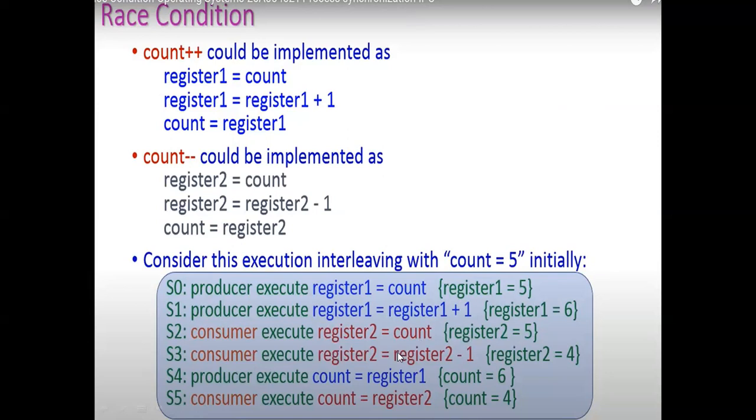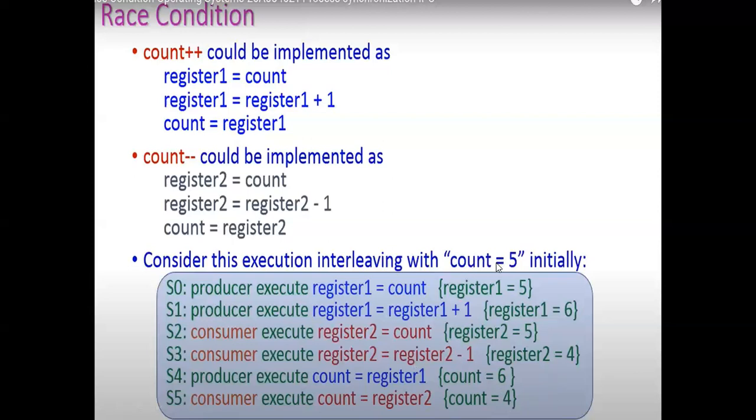The register value is decremented from 5 minus 1 to 4, and that value is stored onto register 2. And if the producer process executes, the count value coming from the producer process is 6, and coming from the consumer process, the count value stored in register 2 is 4, which is not equivalent.